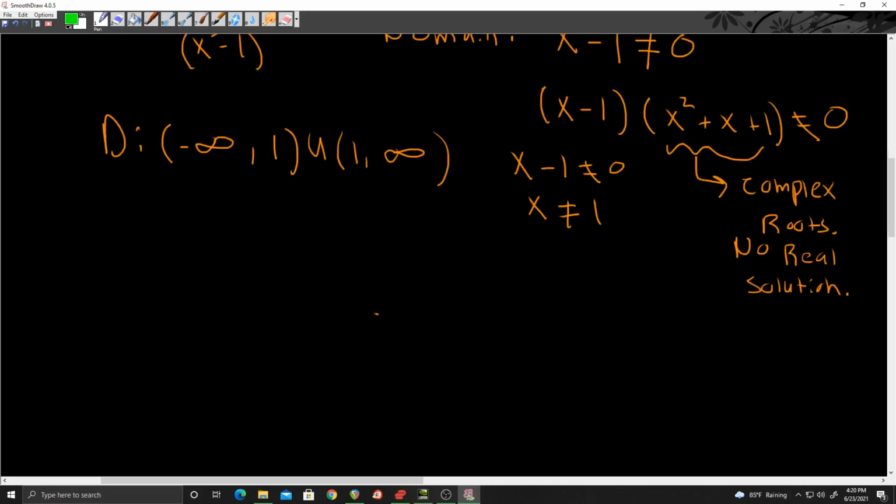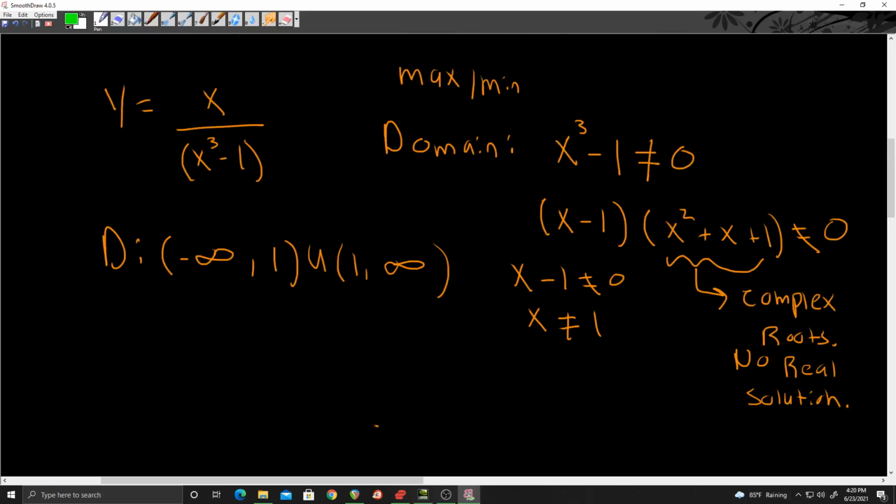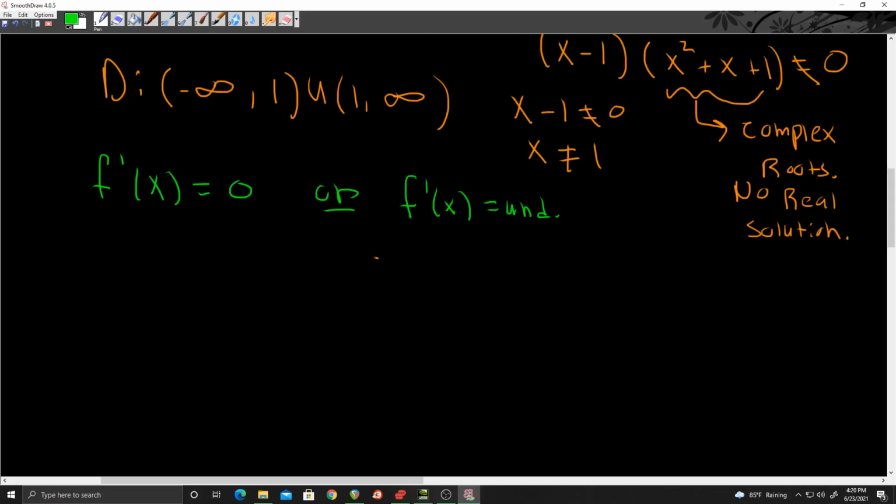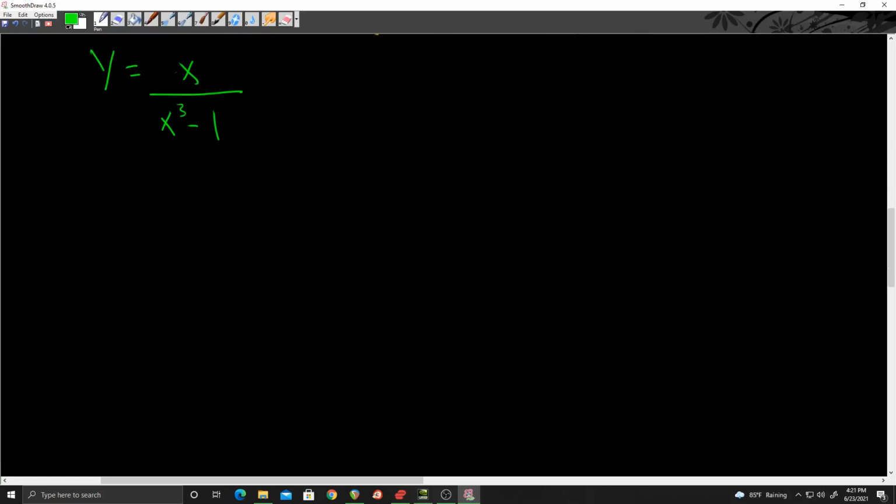Now let's remember, for extrema, we want the first derivative to be 0 or undefined. In order to do any of this, we need to take the derivative. So let me come down here and write the function down again: x over x cubed minus 1. Now this is a quotient, so we're going to have to use the quotient rule.